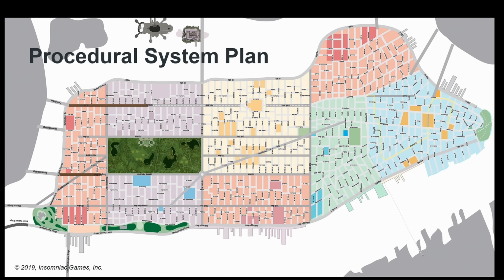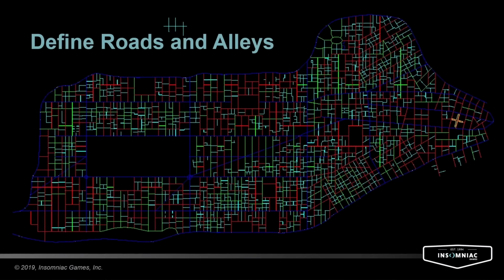our plan. Here's Manhattan. So the ground for Manhattan is generated by defining roads and alleys. Once those roads and alleys are placed, and let's just assume they're placed and done, but if you went to my talk yesterday, you know that they weren't done until very late in production.